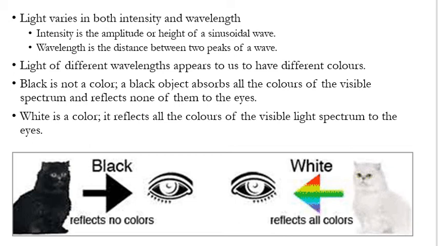So a black object, guys, may look black, but technically it may still be reflecting some light to you, but it has absorbed more or less all the colors of the visible spectrum. For example, a black pigment results from a combination of several pigments.